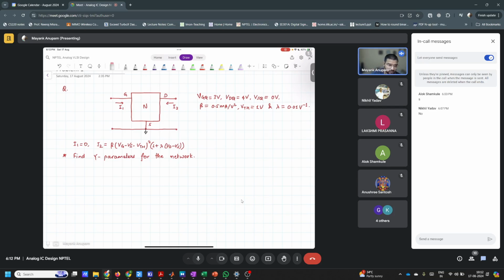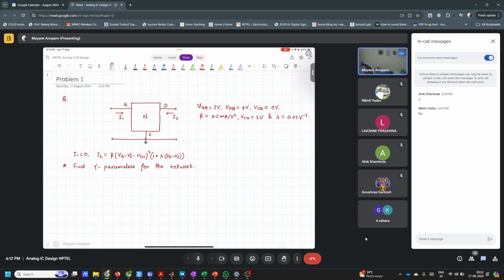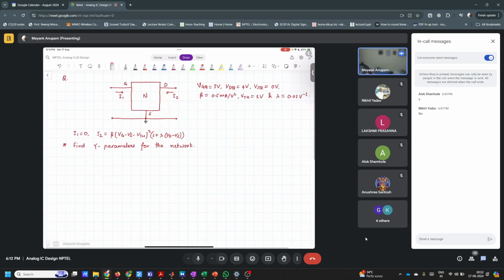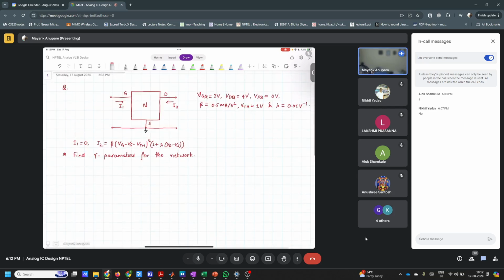After that, we have also given a relationship between the currents. The currents are defined in this manner. The current I1 is going into this network, and I2 is also moving into this network like this.